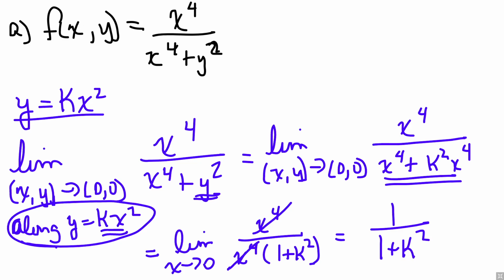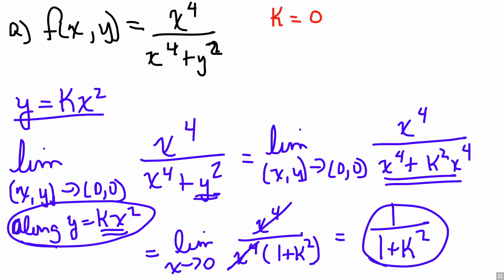Okay, so this is the limit that I get. Now I'm going to choose some different values for k. The first time, suppose that k is 0.